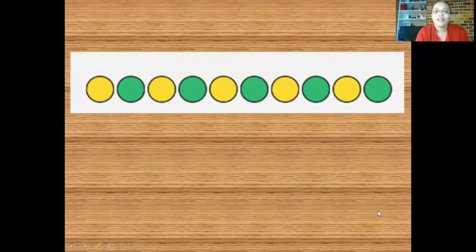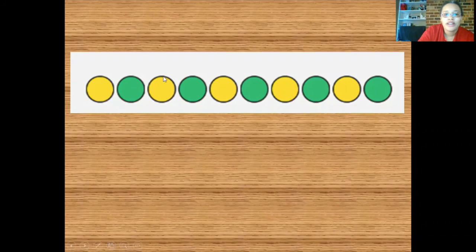Here is another pattern. What shapes do you see? Yep, circles. And the colors? How many colors do you see? Just 2. Let's say this pattern together.